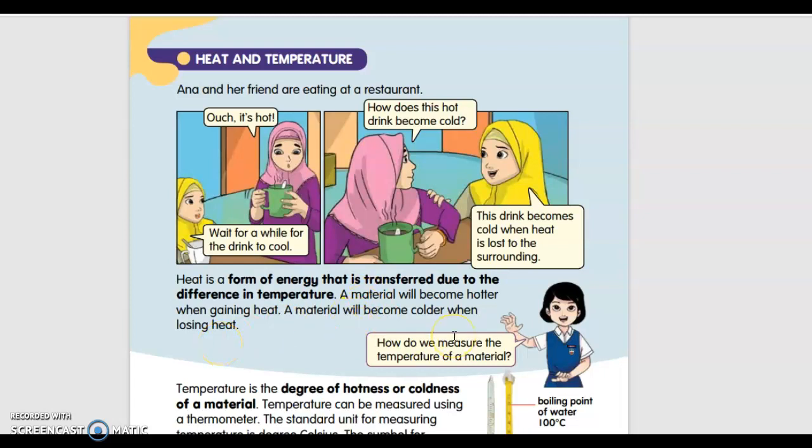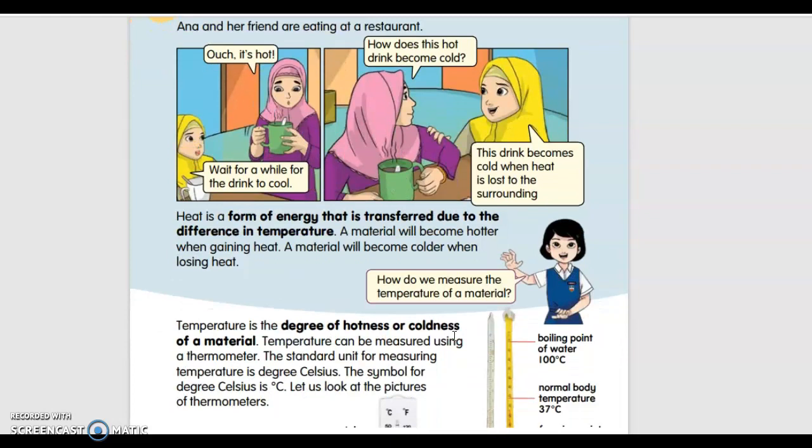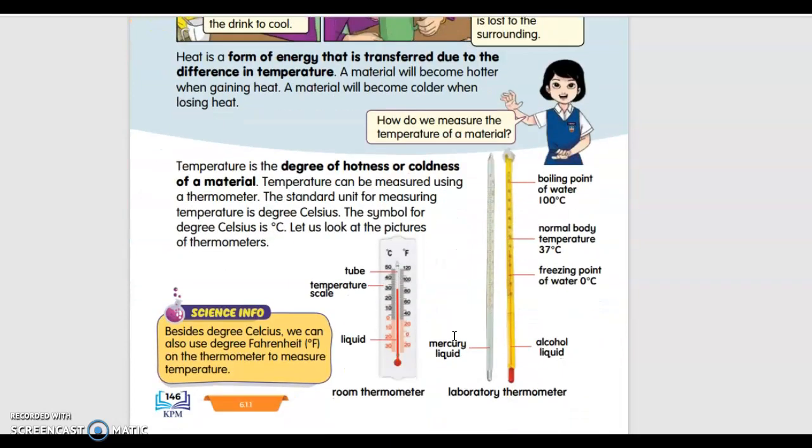So how do we measure the temperature of a material? Temperature is the degree of hotness or coldness of a material. Temperature can be measured using a thermometer. The standard unit for measuring temperature is degree Celsius.